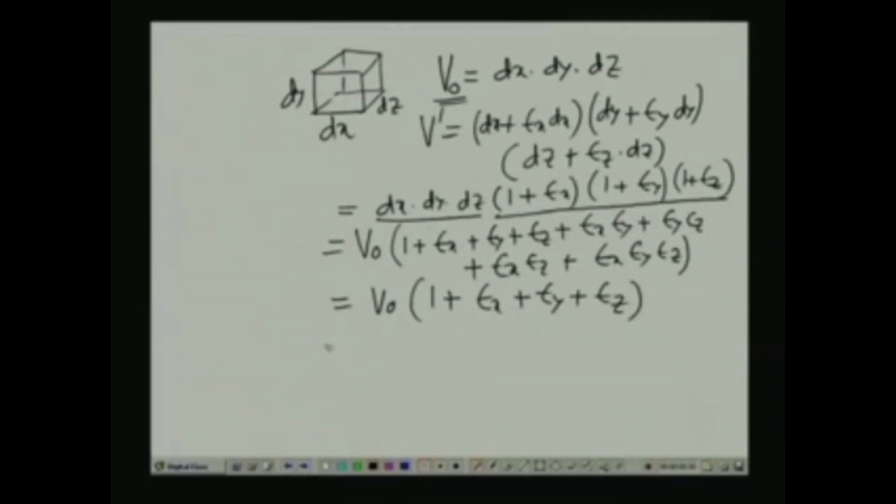And V dash minus V0 by V0 is then equal to epsilon x plus epsilon y plus epsilon z.